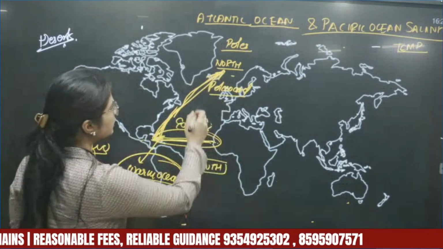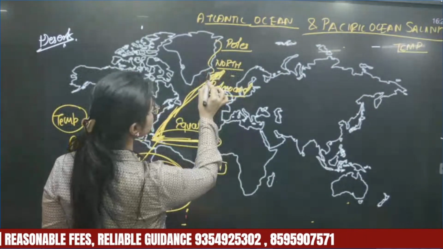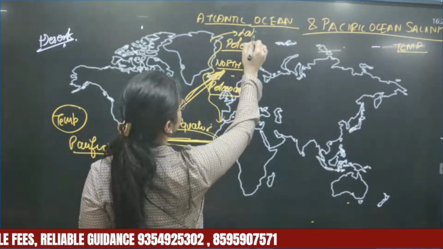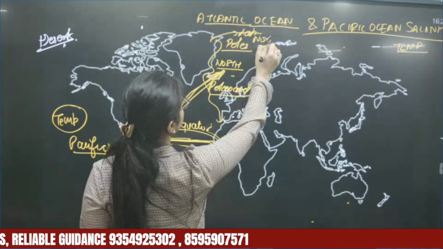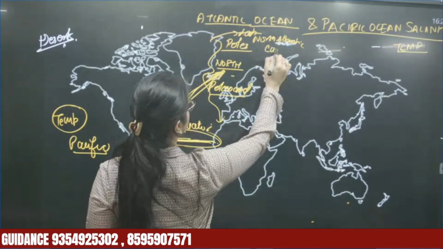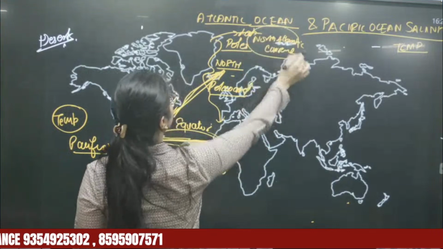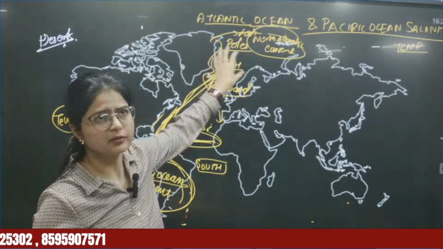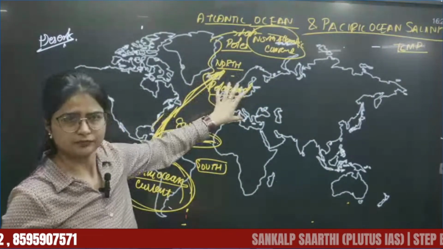When I am talking about the cold ocean current which is coming from above, you can take it a Labrador current or any other current. For example, North Atlantic current. Let's take the North Atlantic current, right? So what will happen as this Gulf Stream goes upwards? It will warm up the area. Why will it warm?